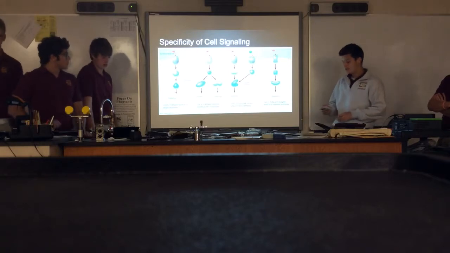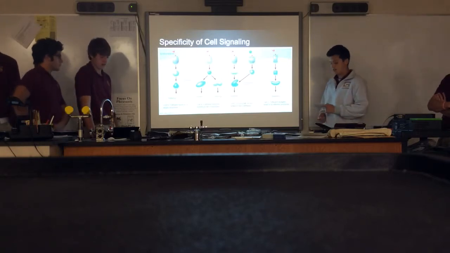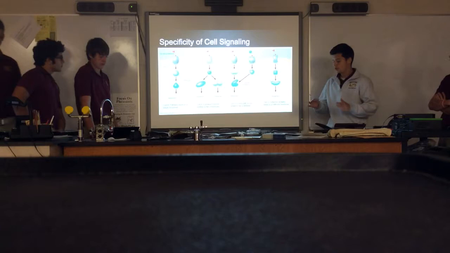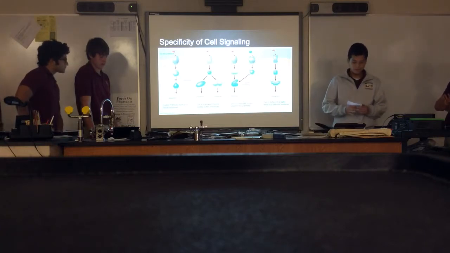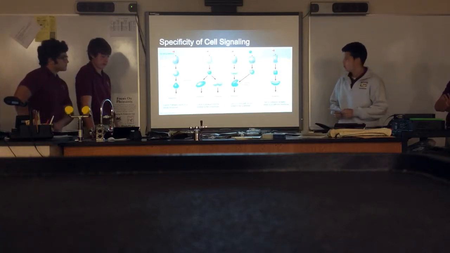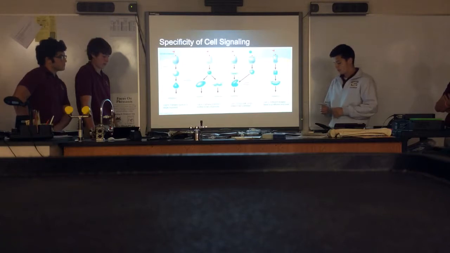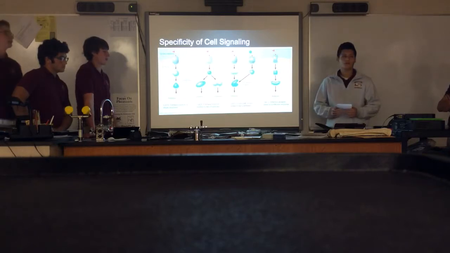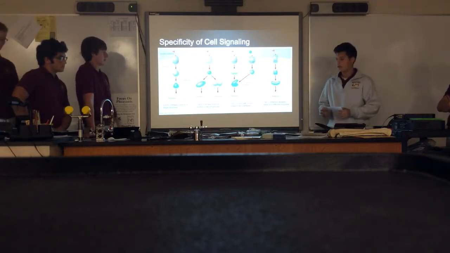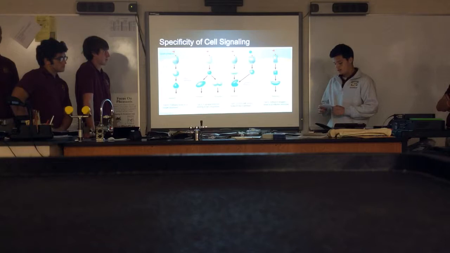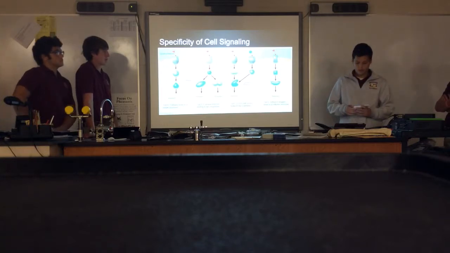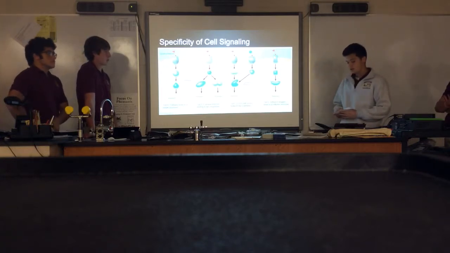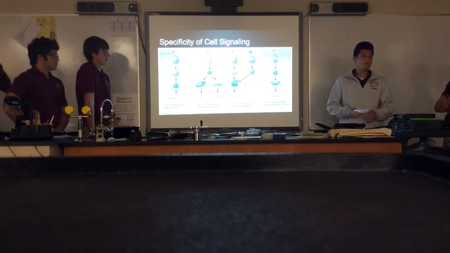In cell B, a pathway that is triggered by a single kind of signal diverges to produce two different responses. In cell C, two pathways triggered by separate signals converge to modulate a single response. And this branching of pathways, or crosstalk, which is another word for interaction between pathways, is important for regulating and coordinating a cell's response to information coming from different parts of the body.